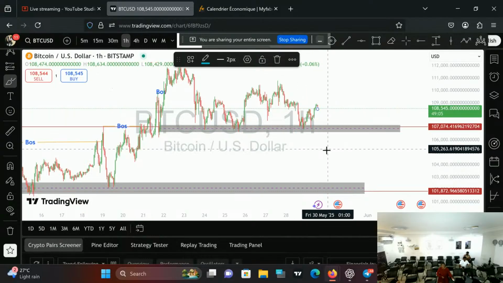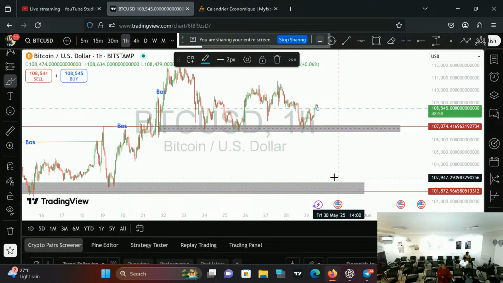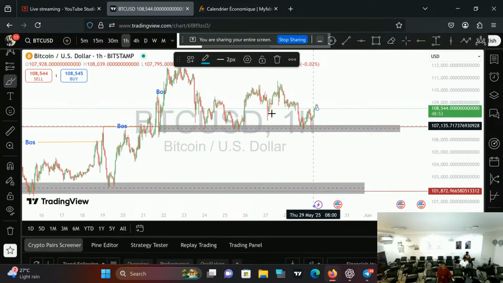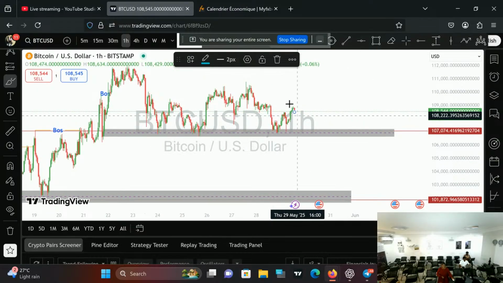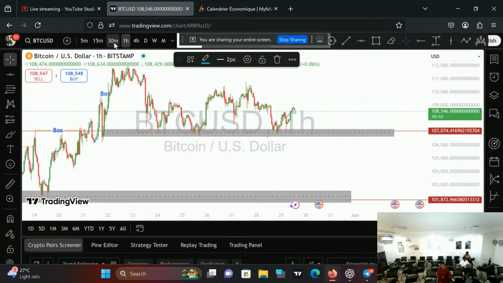That is, if it actually breaks this level, we know this market is going to sell up to this support zone before it buys. Okay, so now let's look at this market at this point. Let's go down to the 30-minute time frame.